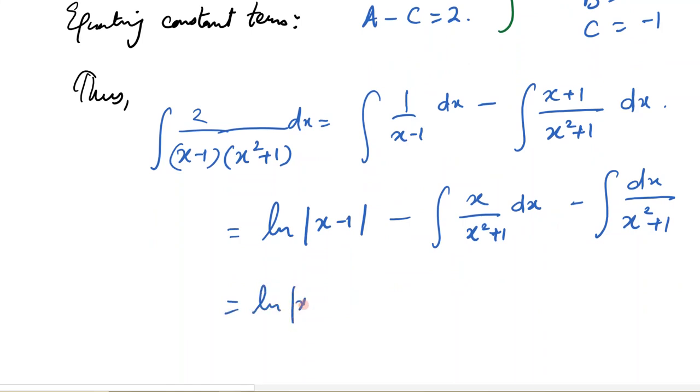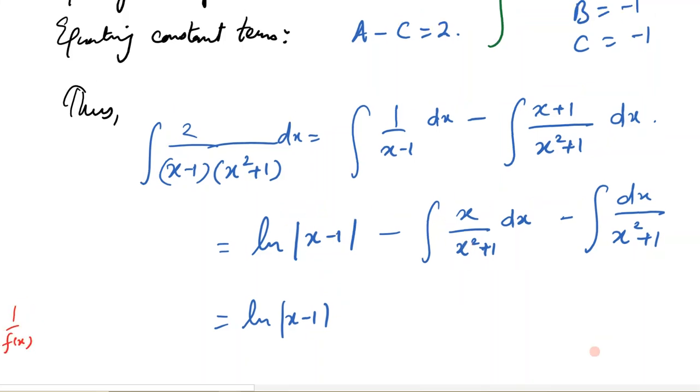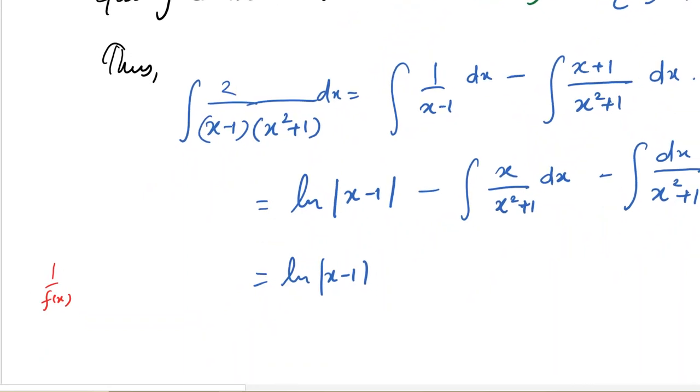So we have ln of the modulus of x minus 1, and here you can think of this as a logarithmic form, because you have 1 over f(x), and if you can make the differential of the function, f prime of x dx, on the top, then the result is ln of f(x) plus c.